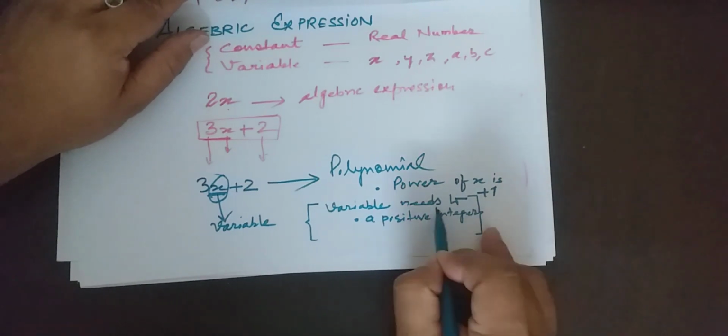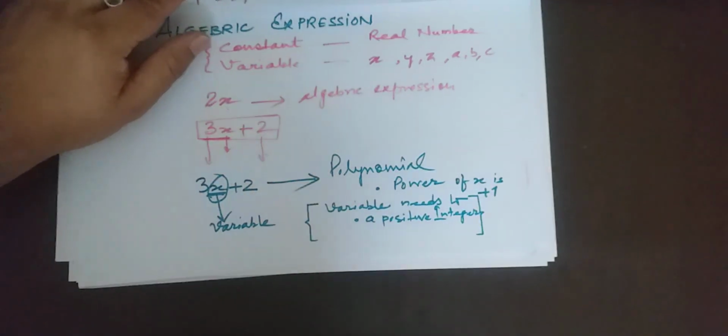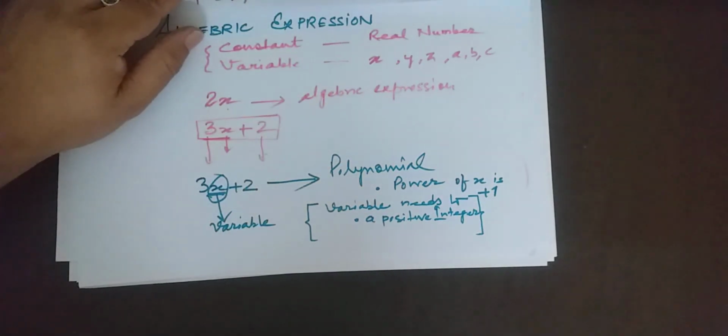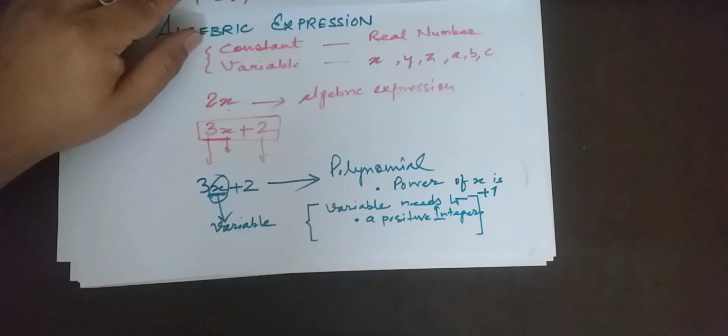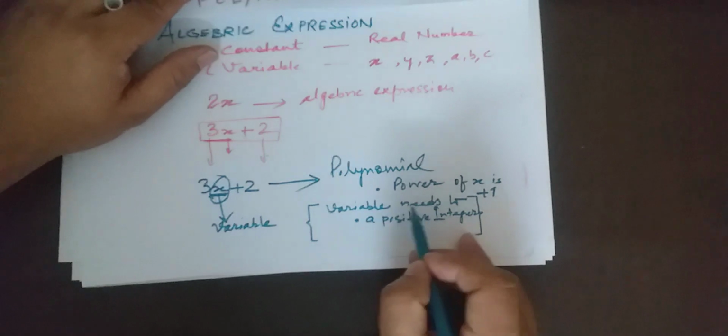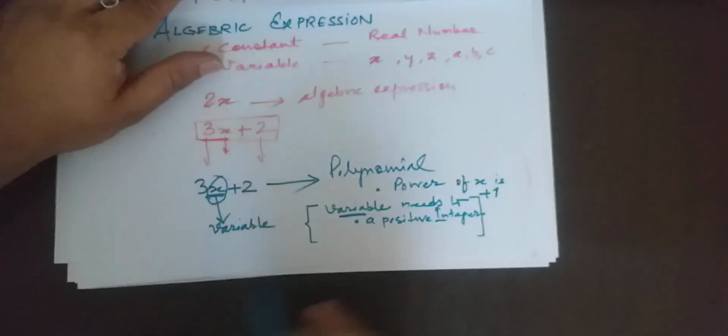When I say positive, it means I am talking about all those whole numbers whose values are more than or equal to 1. So these positive integers will be plus 1, plus 2, plus 3, plus 4, plus 5.